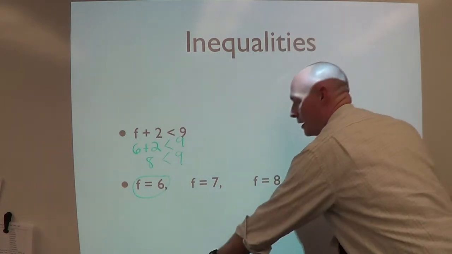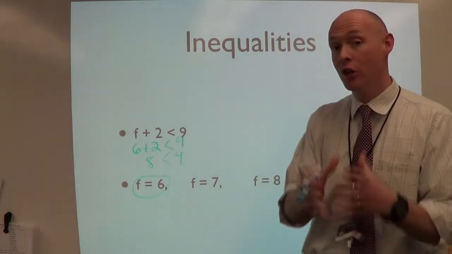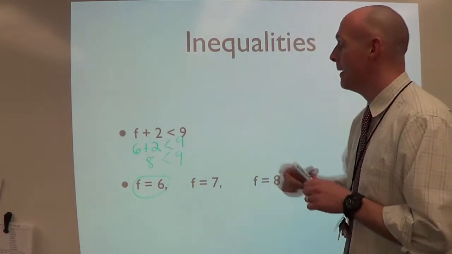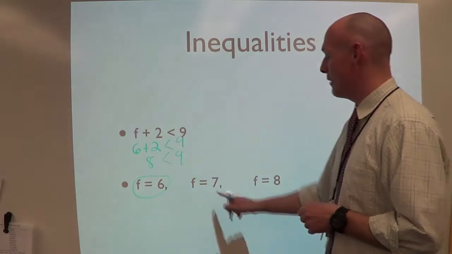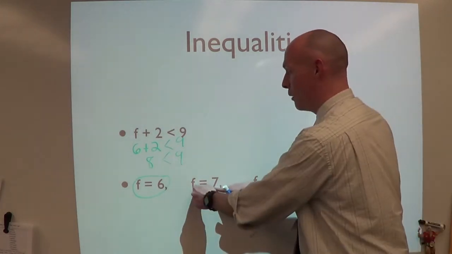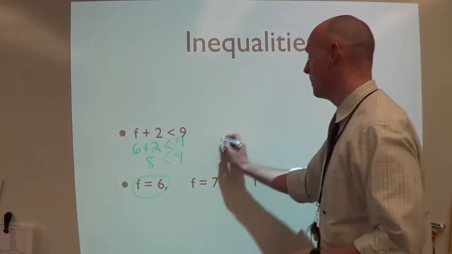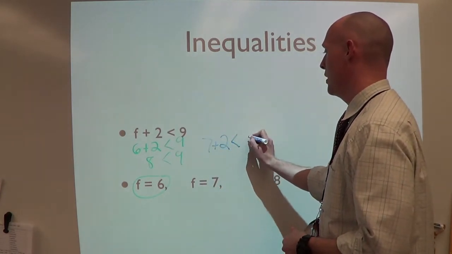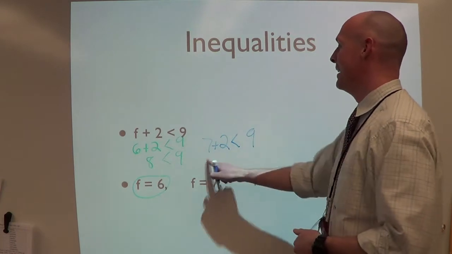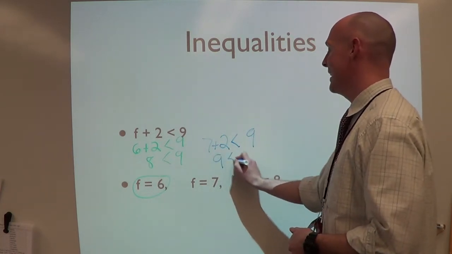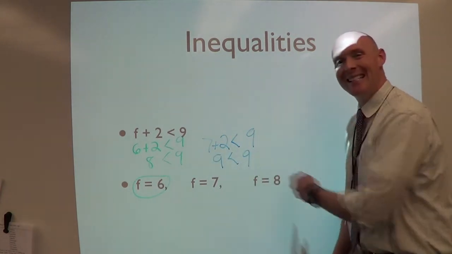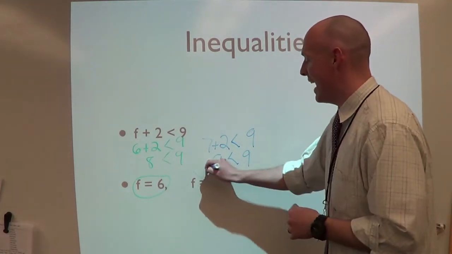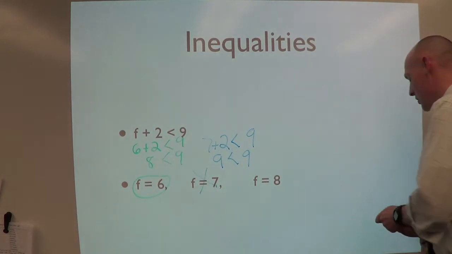Let's try this one. Again, there could be more than one answer, so it is important that you do try them all. So here I have 7. Remember, we're just substituting f equals 7, so we're just going to put a 7 up here. 7 plus 2 is less than 9. 7 plus 2 is 9. Is 9 less than 9? No, it is not. They're equal. So that does not work. So let's try this one here.